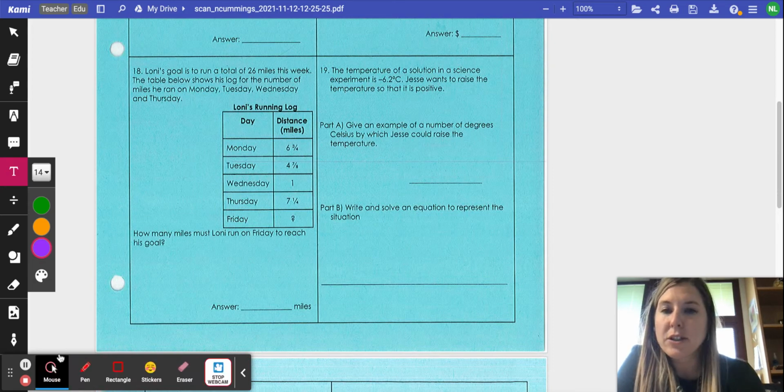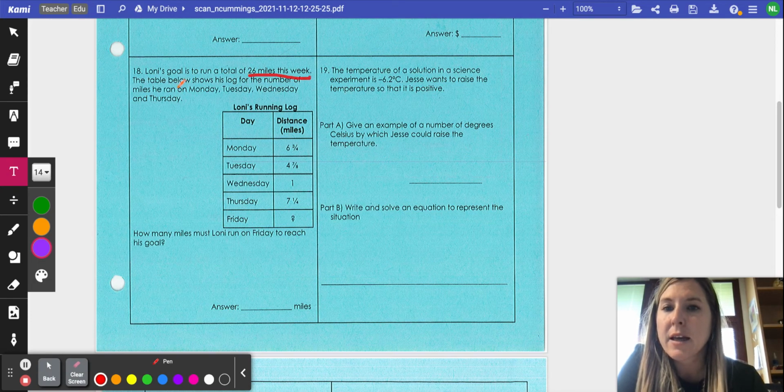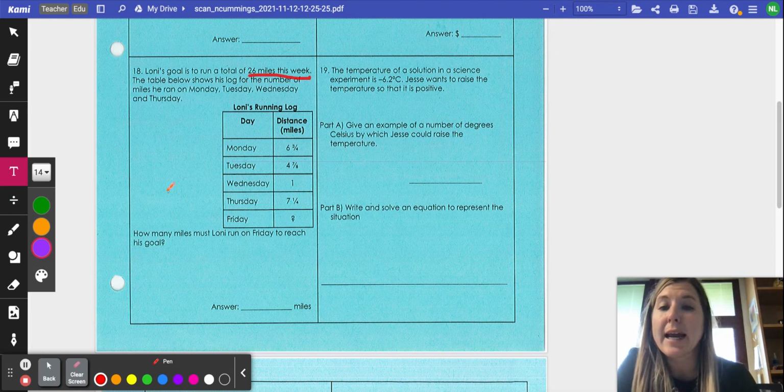The next question says, Lonnie's goal is to run a total of 26 miles this week. The table below shows his log for the number of miles he ran on Monday, Tuesday, Wednesday, and Thursday. So here's his running log. Here's Monday, Tuesday, Wednesday, Thursday, and Friday.